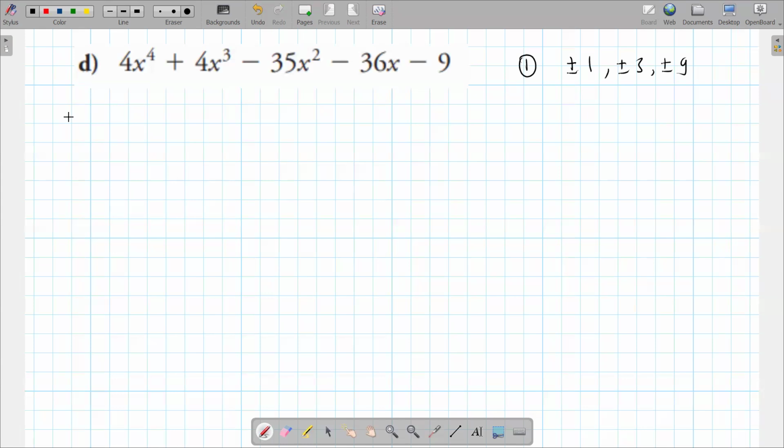So let me plug 3 as x. 4 times 3 to the 4 plus 4 times 3 cubed minus 35 times 9 minus 36 times 3 minus 9. Yeah, so I plugged 3 in there. I got exactly 0. So what's our factor?